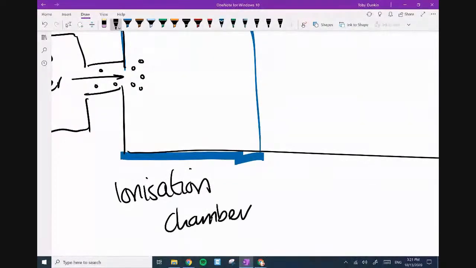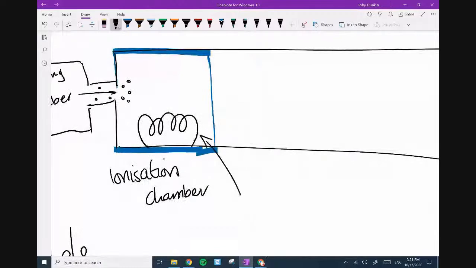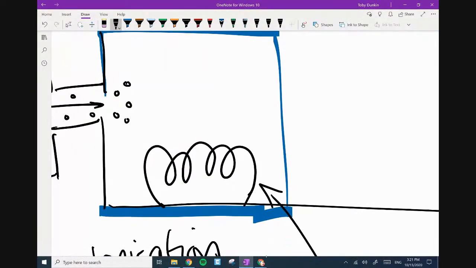In that is what is called an electron gun. This here is an electron gun, and it does exactly what it says on the tin. It fires high energy electrons across this gap, like this.